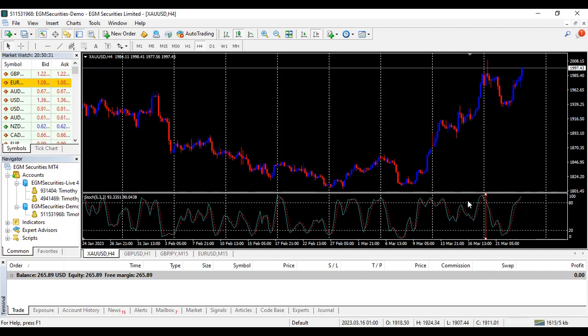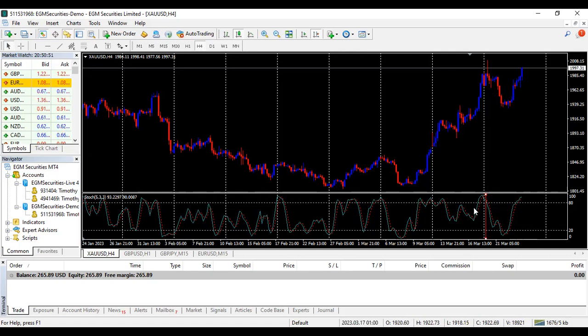And therefore, the stochastic oscillator was between 100 and 80. So this showed that it was actually overbought. At that highest point, the oscillator value was 97.2682. Therefore, the market was overbought.